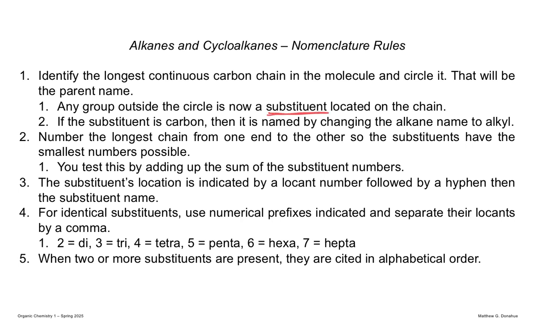So a substituent is anything bonded to the chain. And then once we have a substituent, you repeat the process. How many carbons does that have? You have to then alter the alkane name a little bit, and they're referred to as alkyl groups.